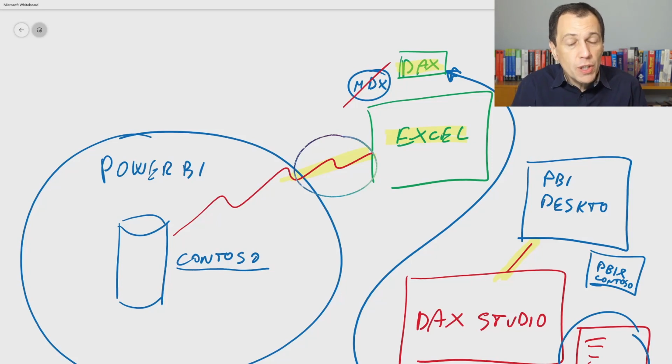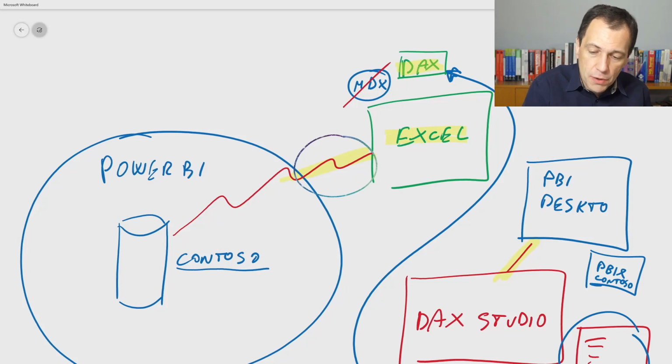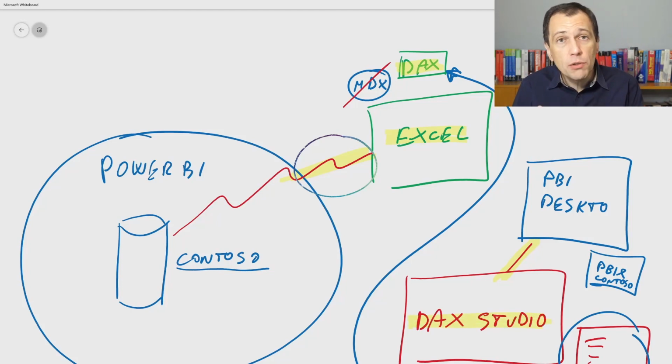And if I want to customize my query, I use DAX Studio here, usually connected to the local model in Power BI Desktop, because in order to connect DAX Studio to Power BI, you should use XMLA endpoint. If you have them, fine, but during the development, you might prefer to use a local model just because it is faster during the development.